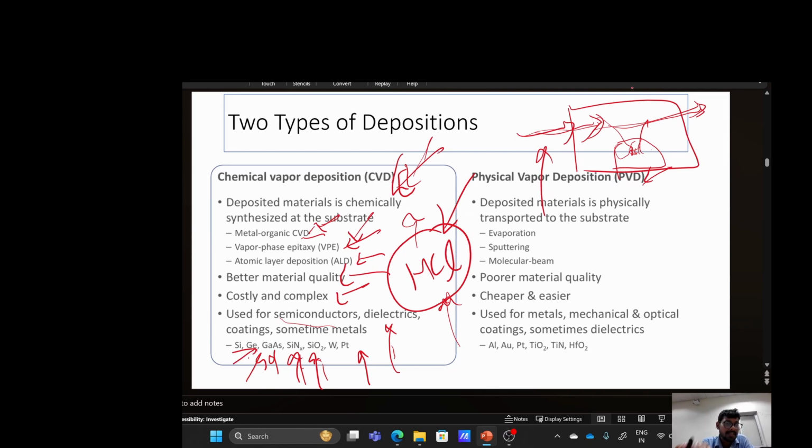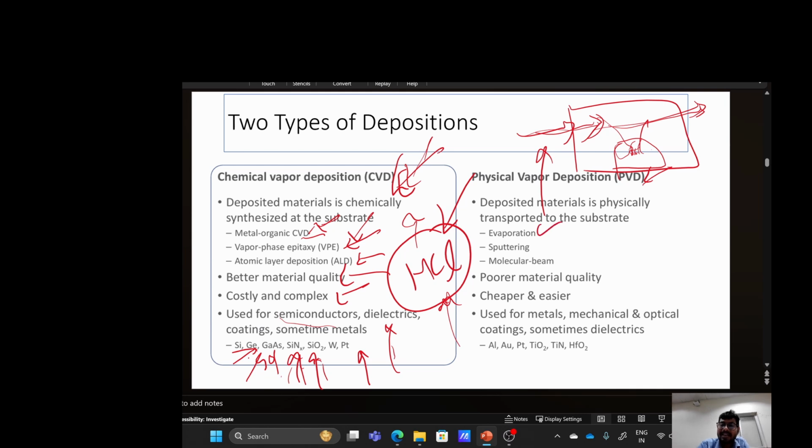One will supply the gallium, another will supply the arsenic. In silicon nitride, one will supply silicon, another will supply the nitrogen. So two precursors you will need. But in physical vapor deposition, you simply heat it up, or you simply do the plasma on that. There are several methods that we will come upon.